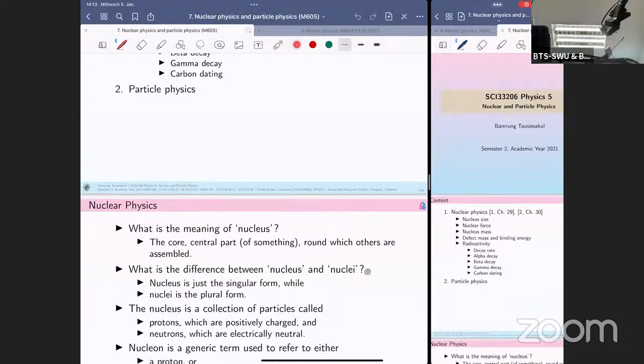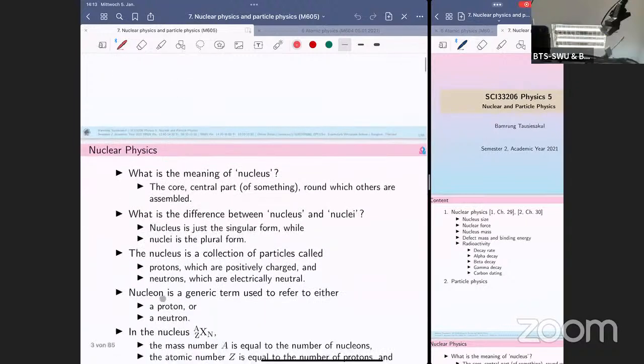You may get confused once you go further into this chapter. The words nucleus and nuclei are different because nucleus is only the singular form, and nuclei is the plural form. Nuclei is the plural form of nucleus.